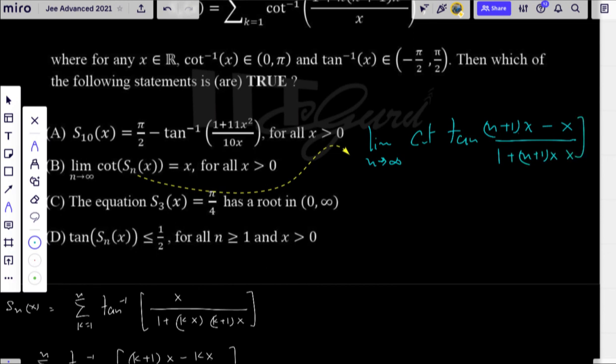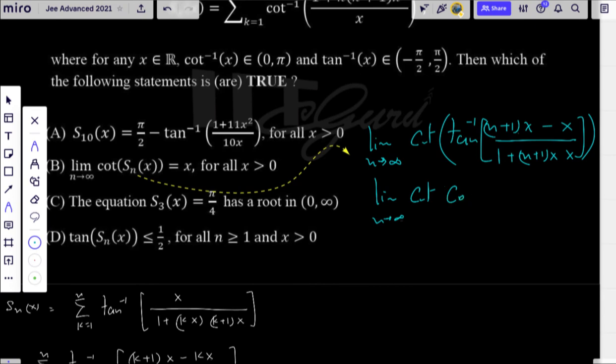And this part is tan inverse of this one. So this is tan inverse of this and cot of this. So if we convert this into cot inverse, so that we can write that as x. So better you write this way: limit n tends to infinity. If we say cot of, and if we convert this into cot inverse, not cos, cot inverse.